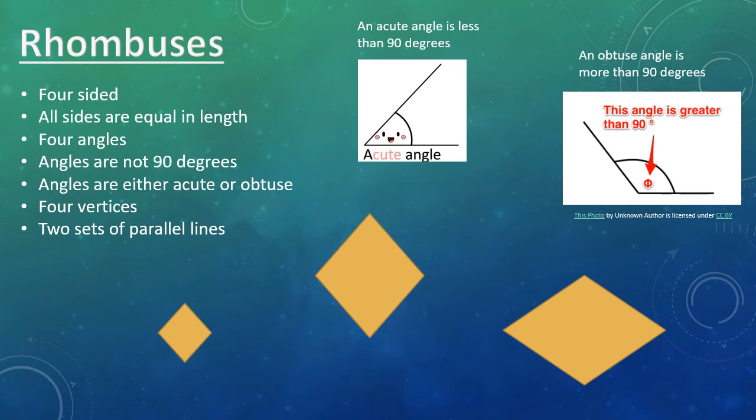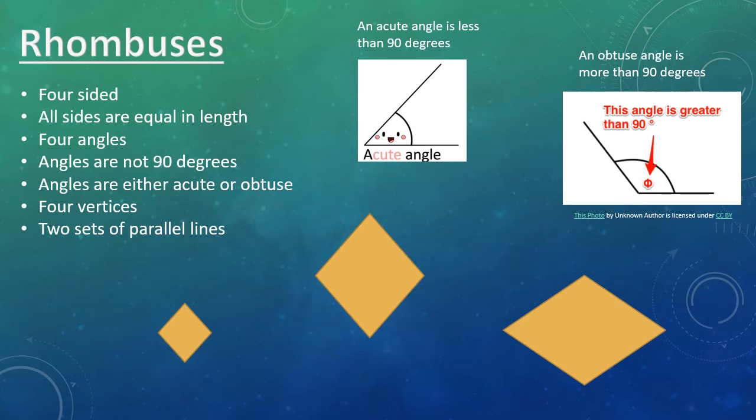They are rhombuses. They have 4 sides. All sides are equal in length, so that's similar to a square, but the angles are not 90 degrees, so that makes it different from a square. The angles are either acute, meaning less than 90 degrees, or they are obtuse, meaning more than 90 degrees.